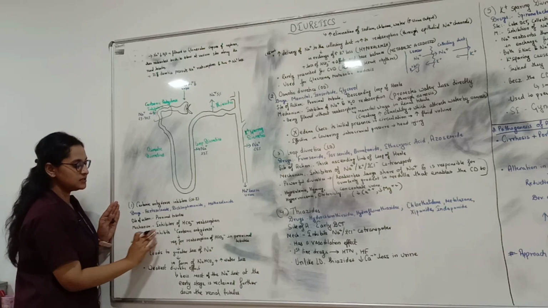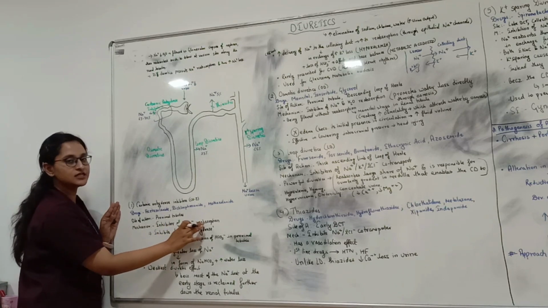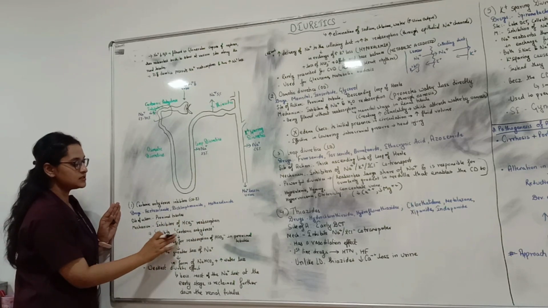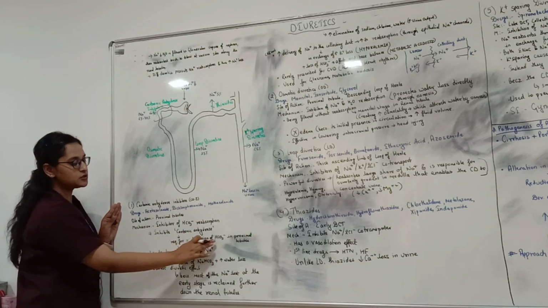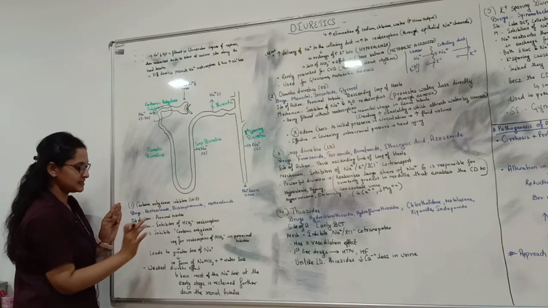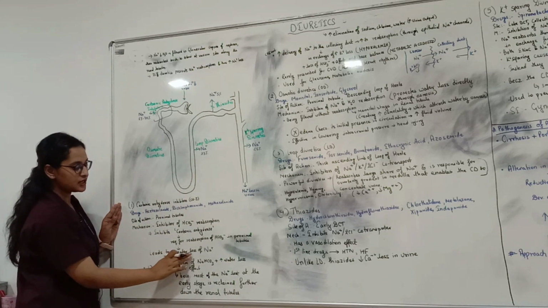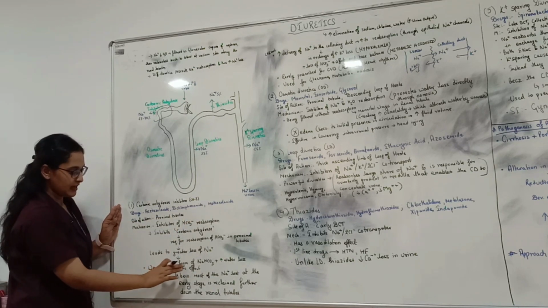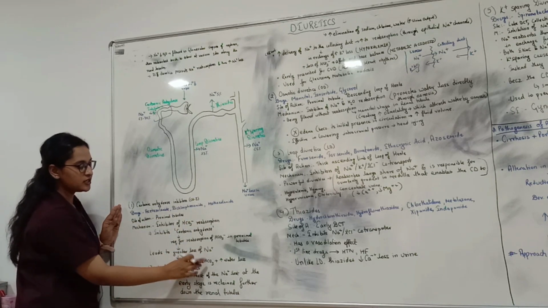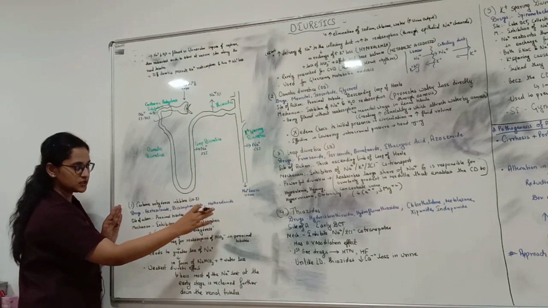The mechanism is inhibition of bicarbonate reabsorption. It inhibits the enzyme carbonic anhydrase, which is required for reabsorption of bicarbonate in the proximal tubule, and it leads to a greater loss of sodium in the urine, in the form of sodium bicarbonate, as well as water loss.